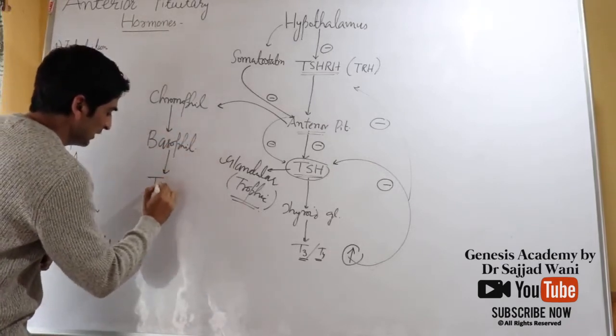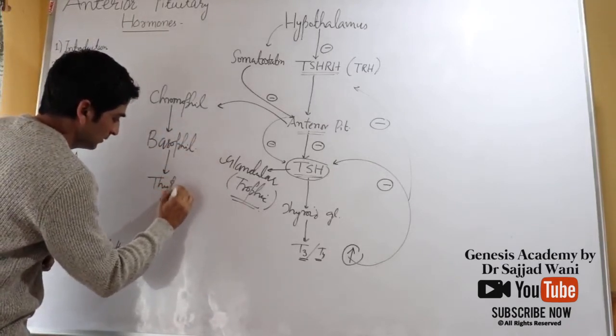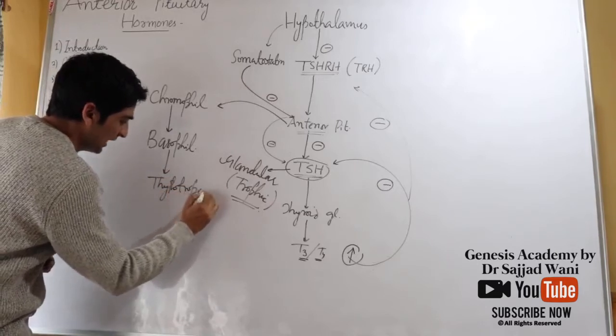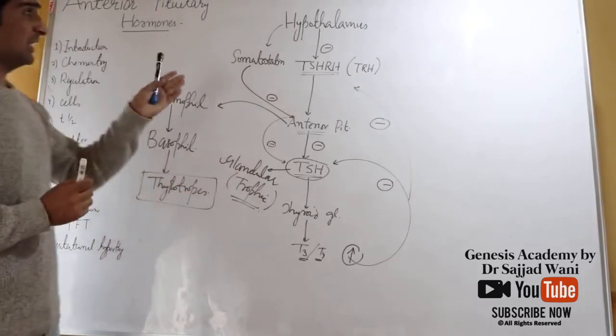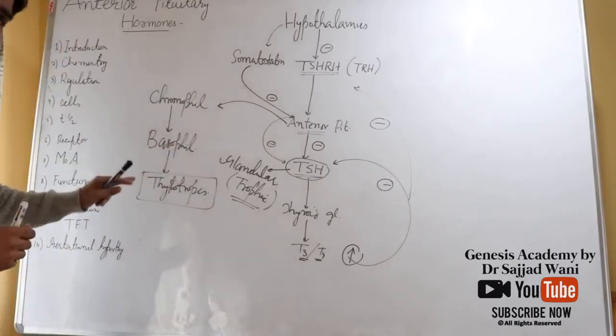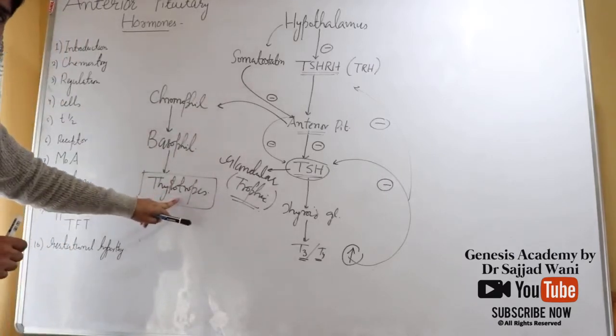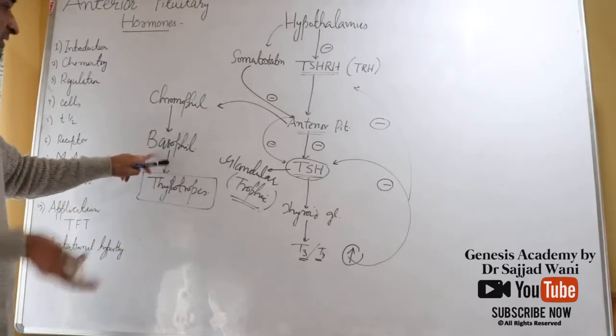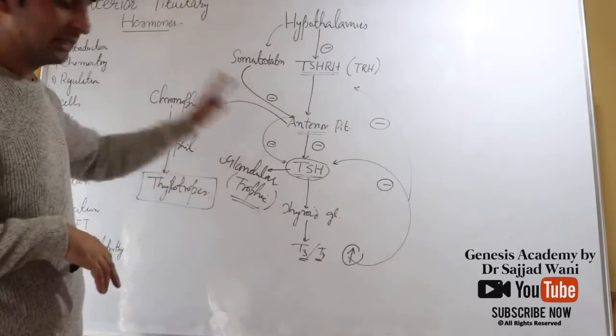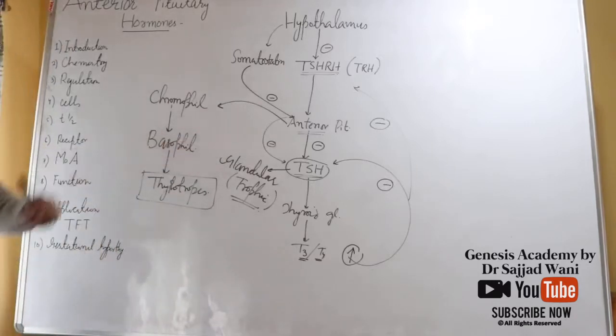One of them is the thyrotropes, and these are the cells which actually secrete the thyroid stimulating hormone. So this TSH, or thyrotropin, is secreted by the thyrotropes of the anterior lobe of the pituitary, which themselves are basophilic cells, which themselves are chromophil cells in the anterior lobe of the pituitary. You already know this.